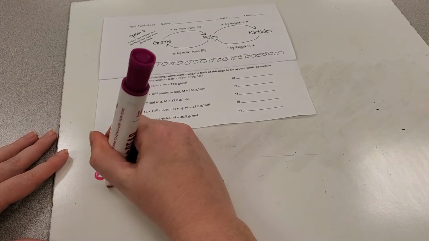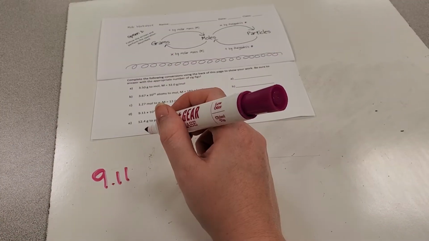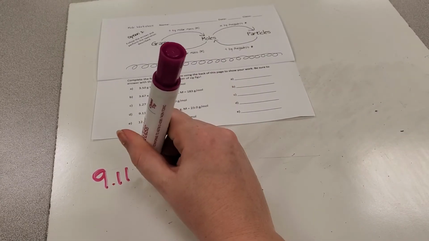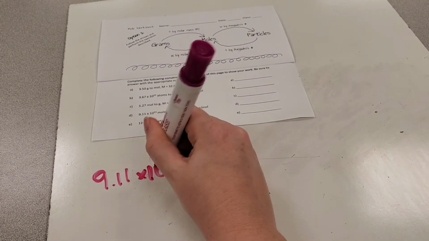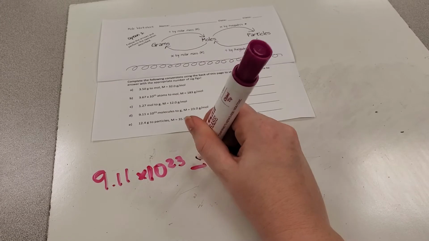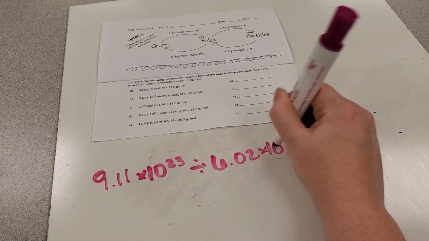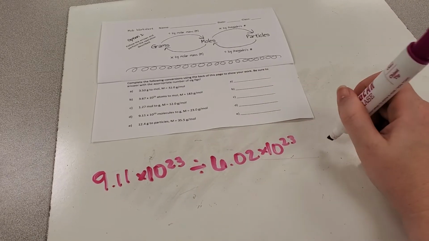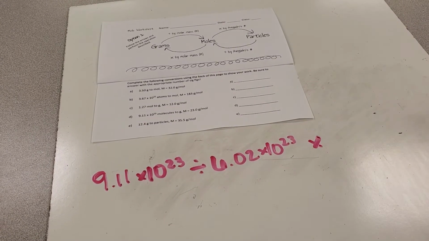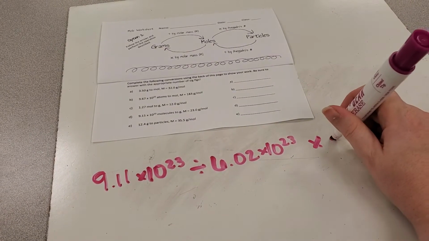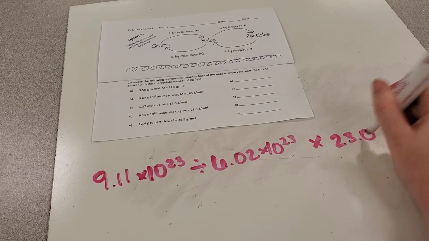So we take our 9.11 times 10 to the 23rd and divide that by Avogadro's number, 6.02 times 10 to the 23rd. Then we will multiply by the molar mass, which in this case is given to us as 23.0.